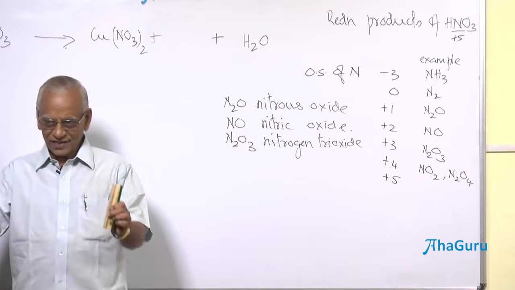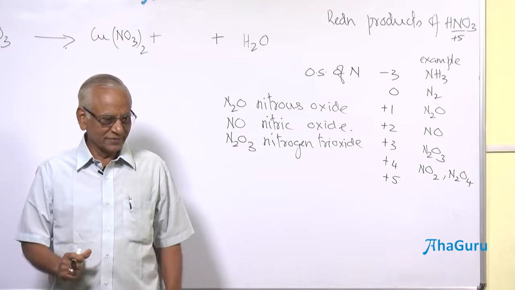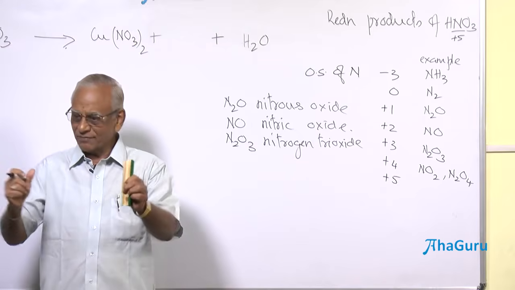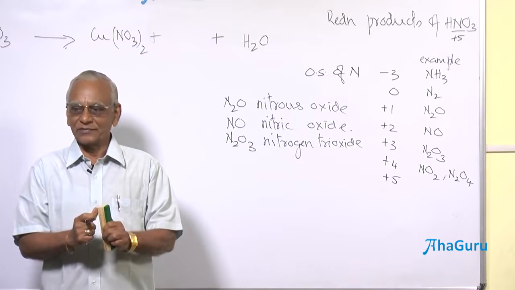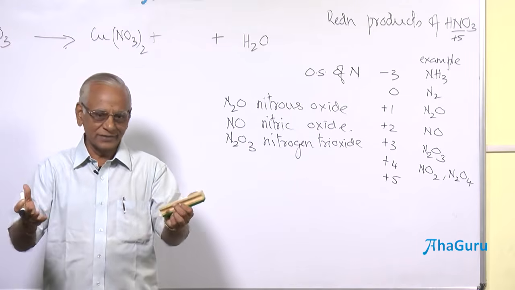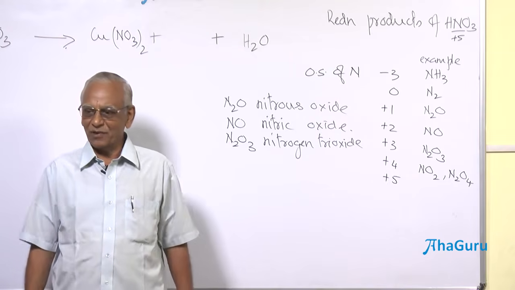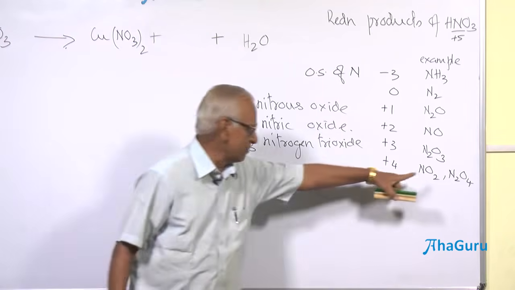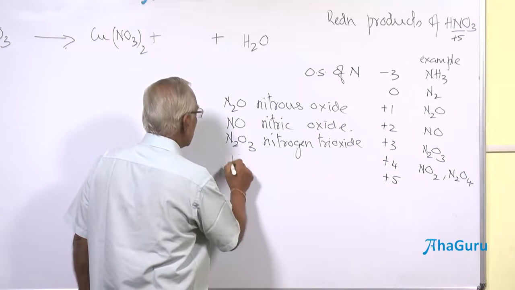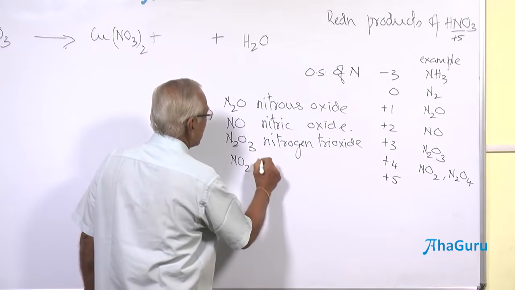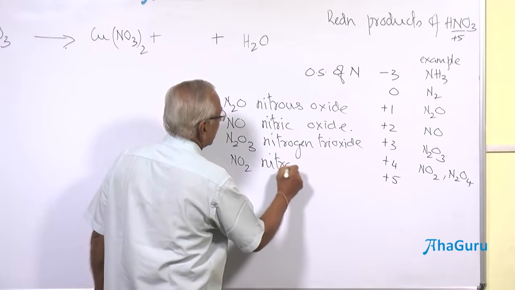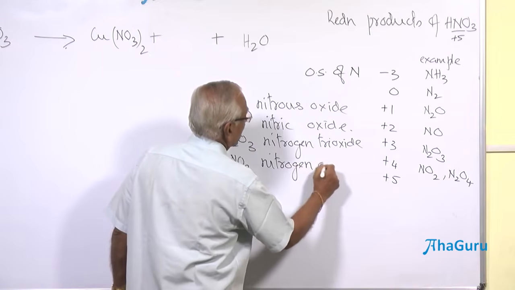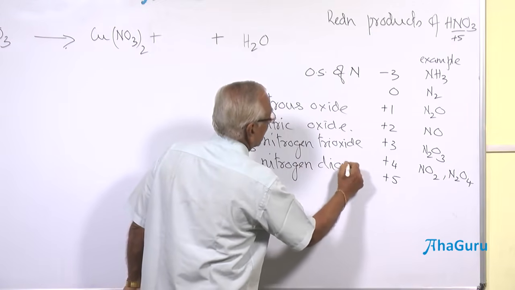You know what is dimerization? Two molecules combine together. When three molecules combine together, it is called trimerization. When many molecules combine together, it is polymerization.